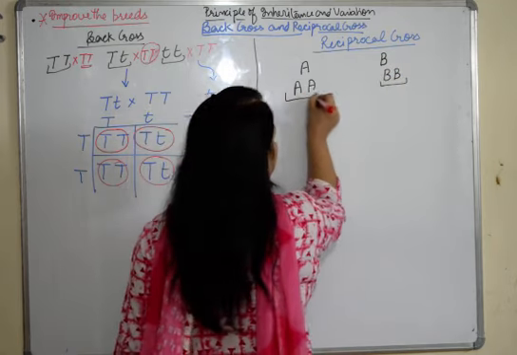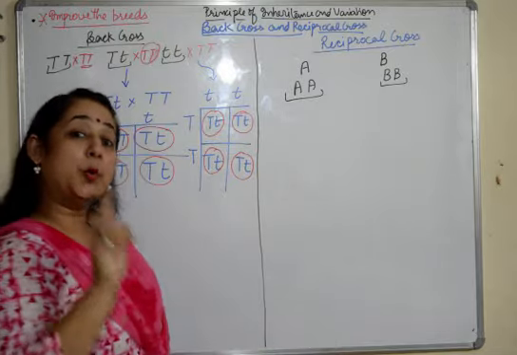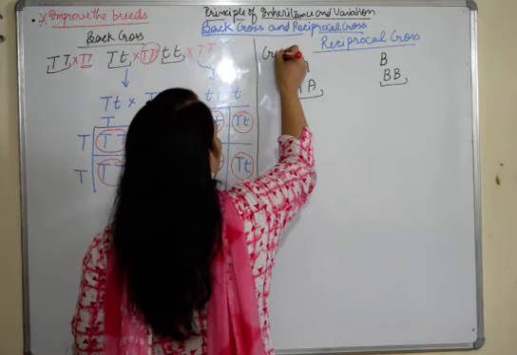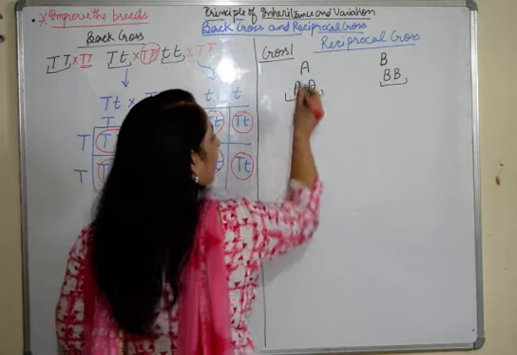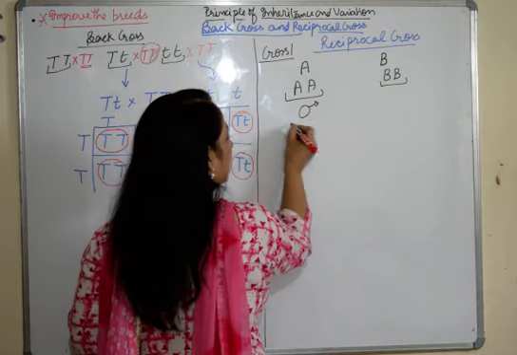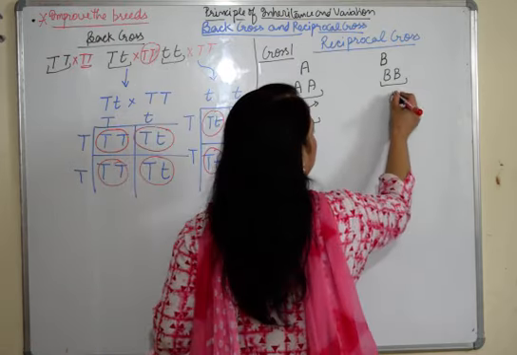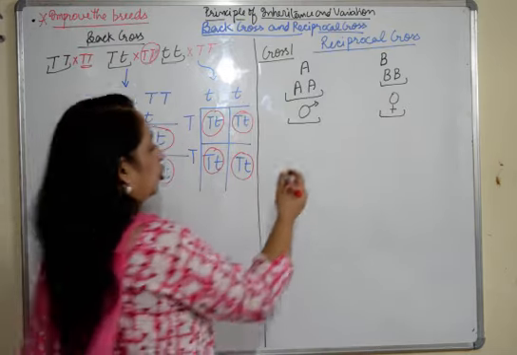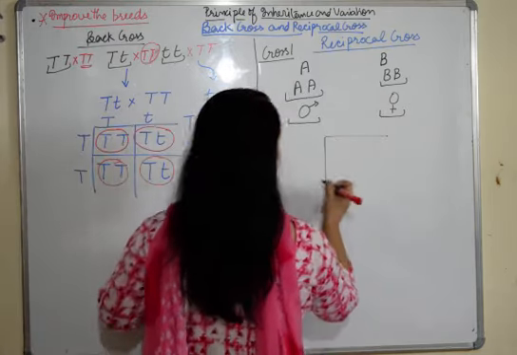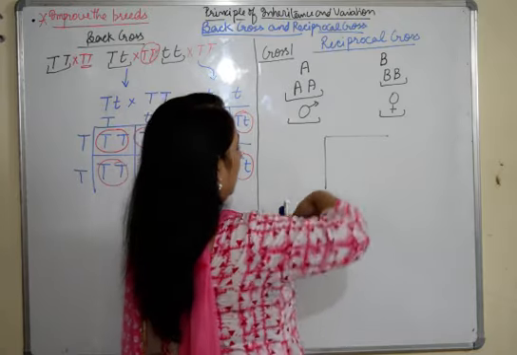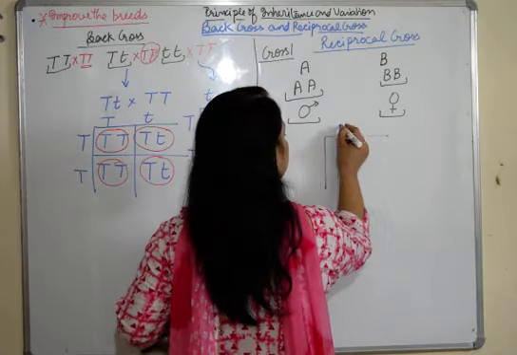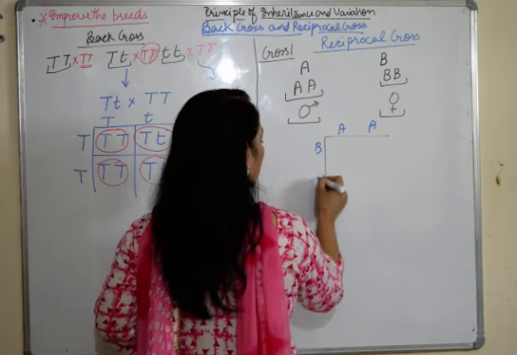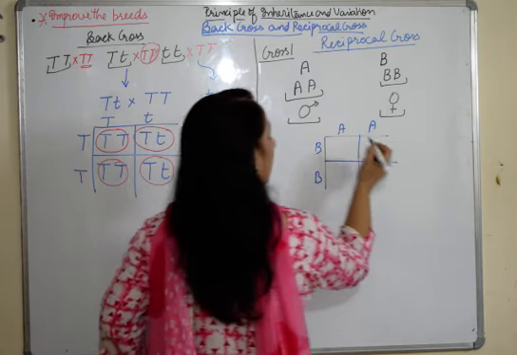Both are homozygous. Now suppose when we are crossing, in cross 1, the male gamete is taken from the A parent and the female from the B parent, and then we cross them. When the crossing is done, what do we get here?